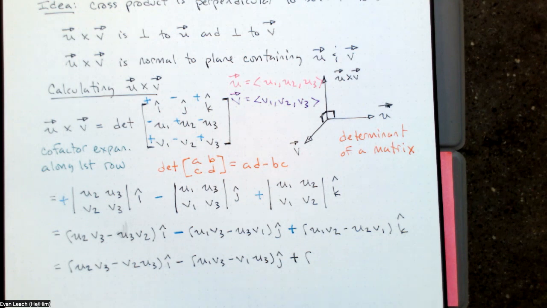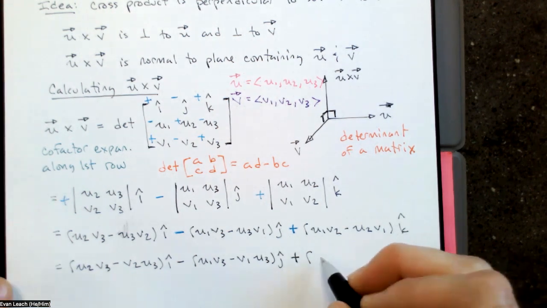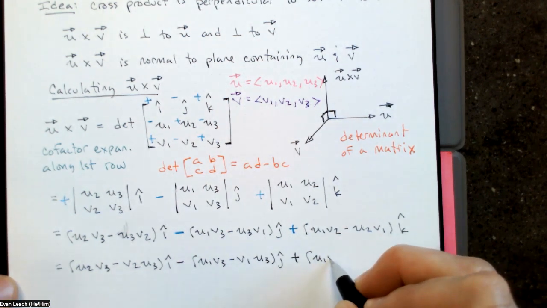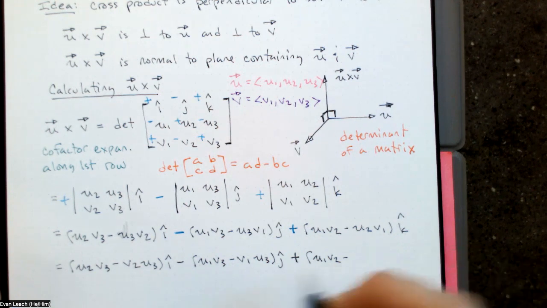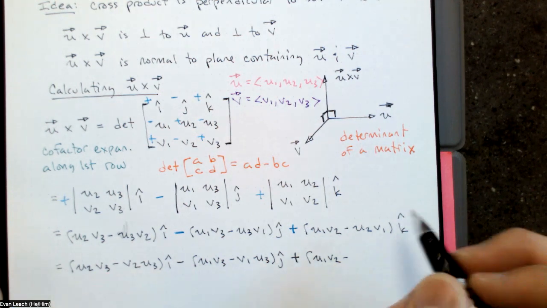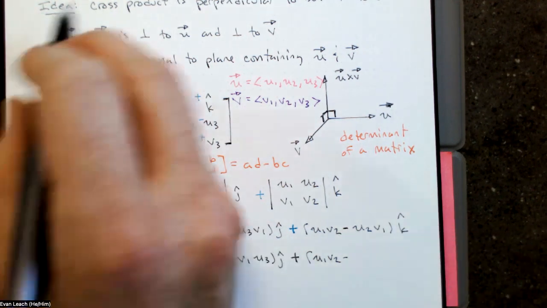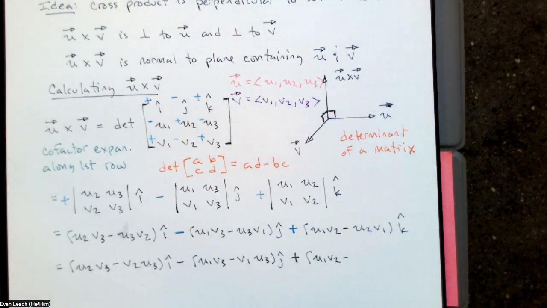So this is just a function that takes a square matrix and assigns it a real number. We're using the determinant for our purposes because we're trying to find the cross product. We're using the determinant to find a vector because we're throwing in these vector terms.